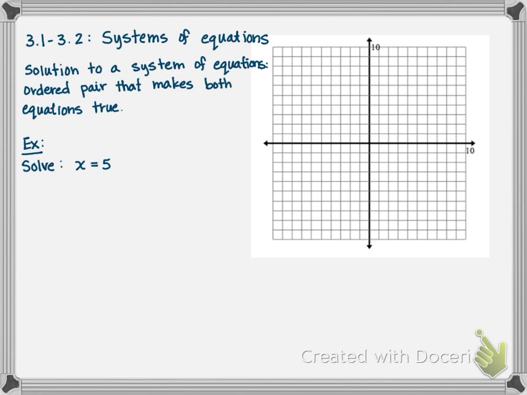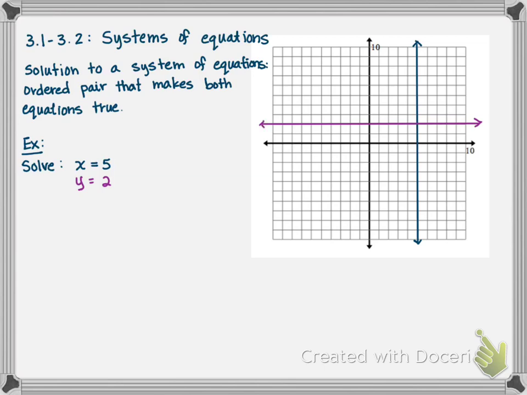It's a vertical line, right? 2, 3, 4, 5. It's this line right here. And then what's the equation of that line look like? Horizontal. It's a horizontal line, good. So right here.